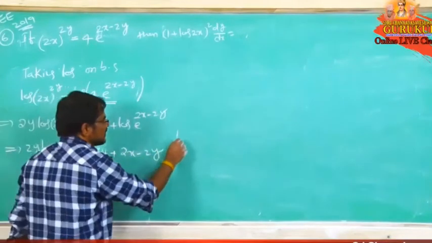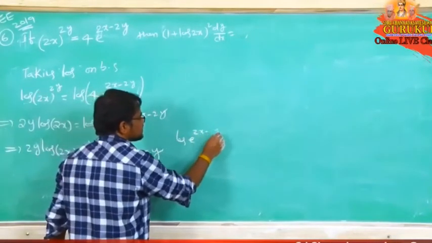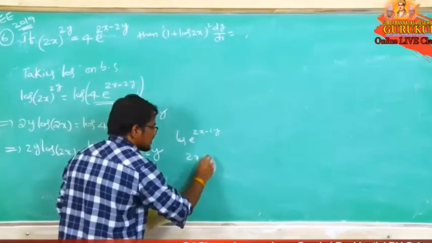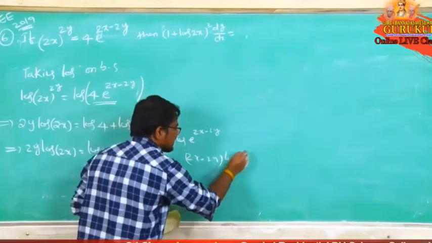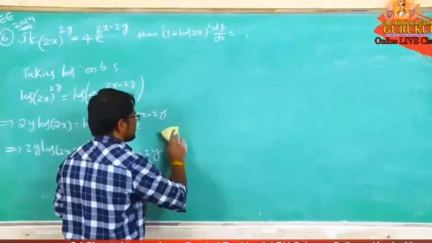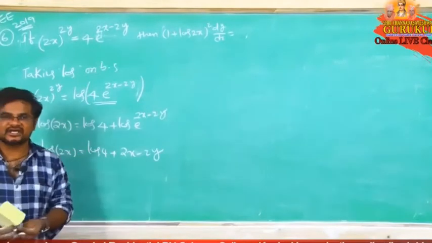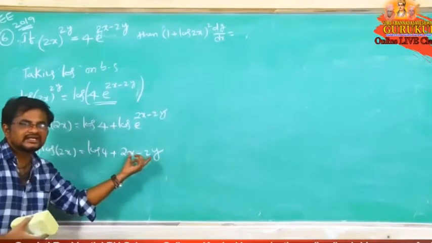Since here what? Log of e power 2x minus 2y equal to what? 2x minus 2y into log e. Log e value is 1. Right. Now in previous problem, to get easily answer, what you taken this y value? Taken this side.